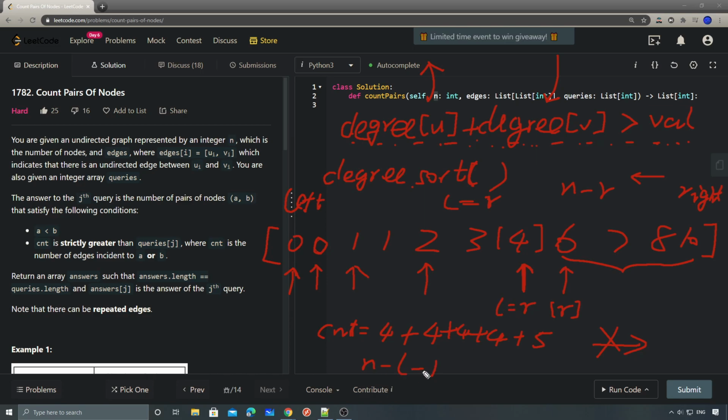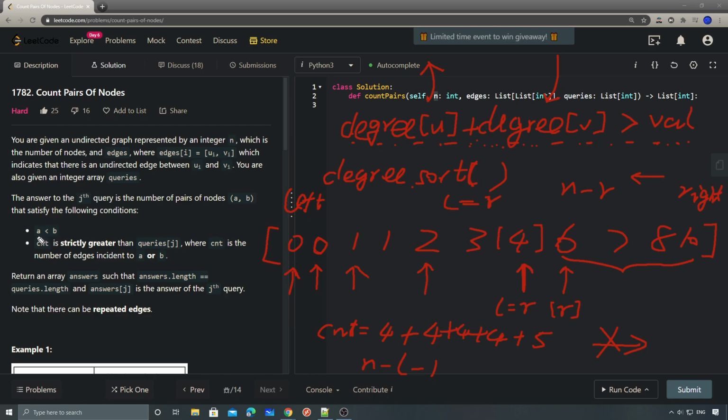That's why we can use n minus left minus 1, right? So yep, that's how we use the two-pointer technique to quickly calculate the total pairs of the nodes that satisfy this condition.